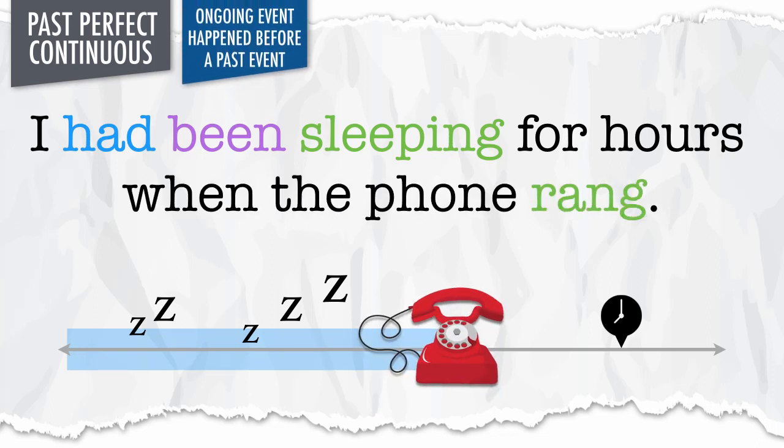Past perfect continuous sentences are used to speak about ongoing events that happened before a past event. So we have an ongoing event of sleeping for hours when the phone rang. This is a past event. It's important to contextualize these tenses in concrete examples for your students so they know when to use what tense. And that's what you need to pay attention to as we go over the functions in each video.